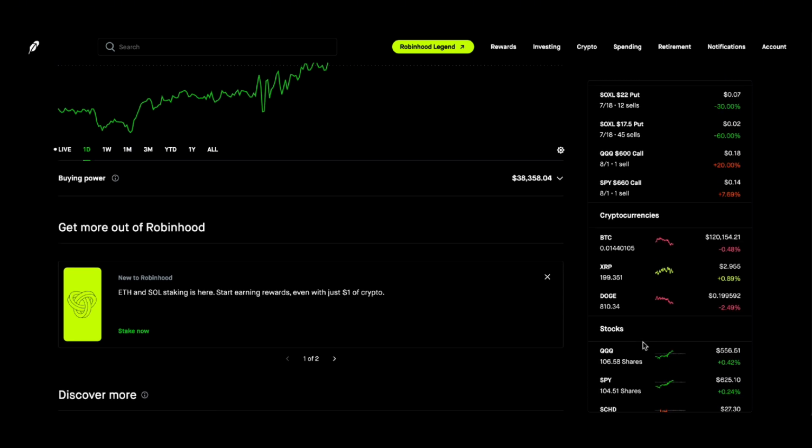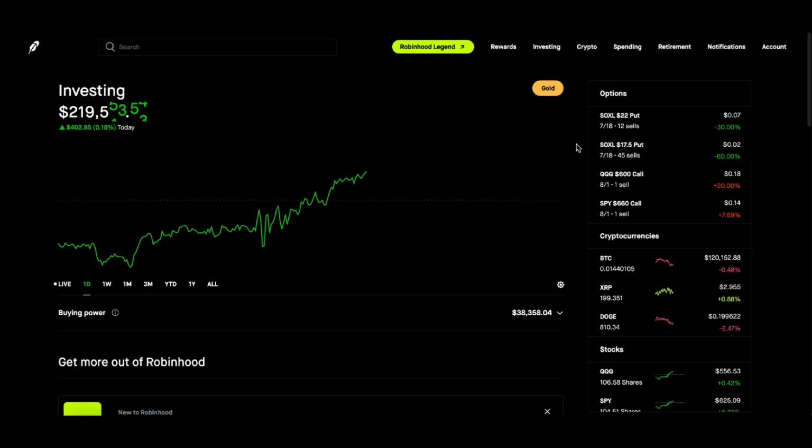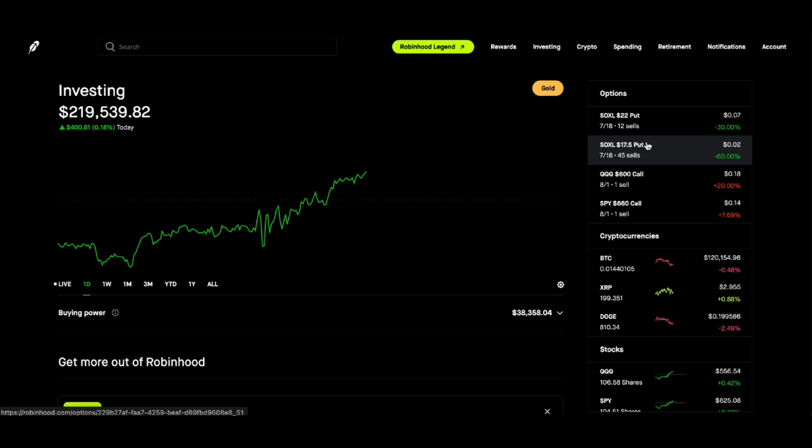This is again not financial advice, but it's something that I really wanted to showcase and tell you guys: how you can leverage the bank's money, or in this case Robinhood's money, to generate some extra income on the side. So that's about it.